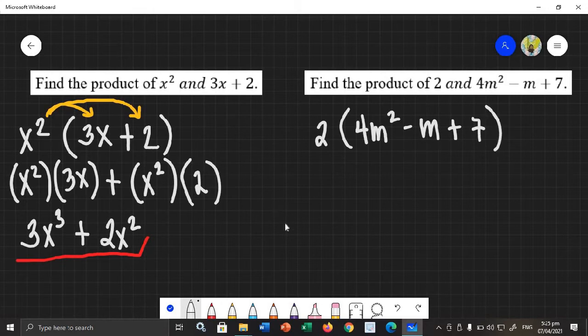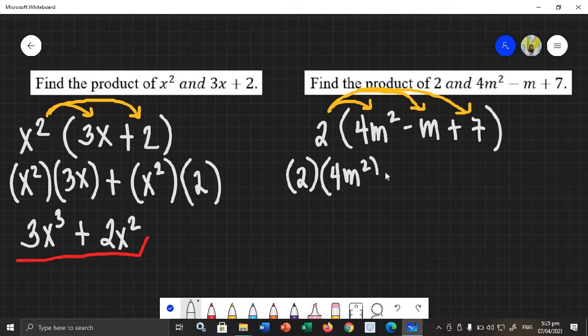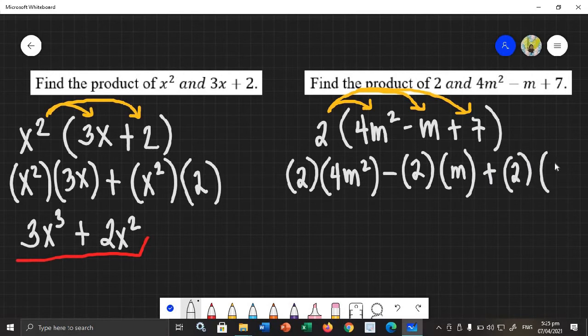Same as the first example, no? We will distribute by applying the distributive property of multiplication. Distribute 2 to each term inside the parentheses. Therefore, what will happen is that we will multiply 2 by 4m squared. Copy the sign, so minus, then 2 multiply natin kay m, copy the sign, plus 2, we will multiply it also by 7.